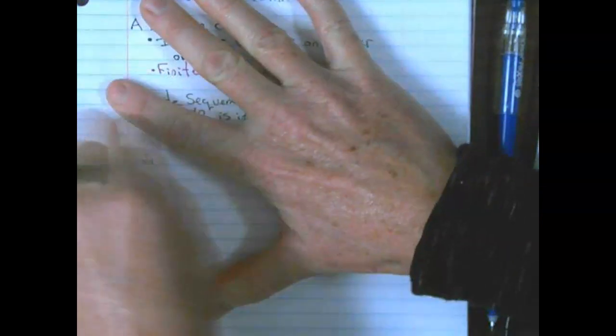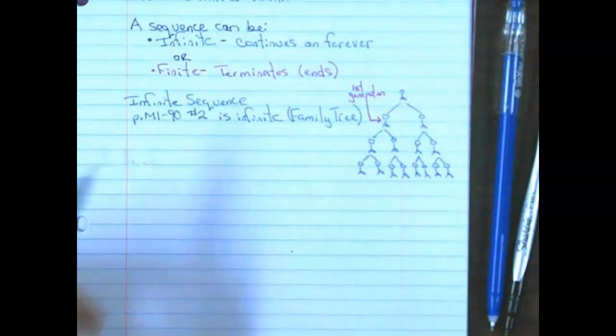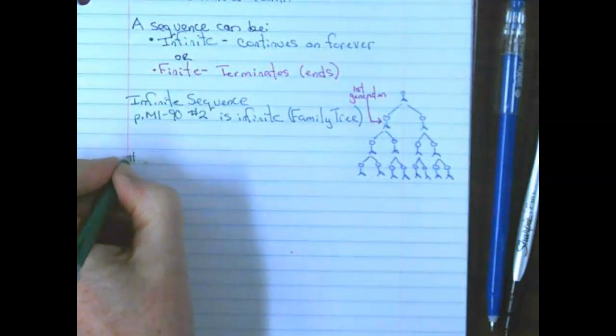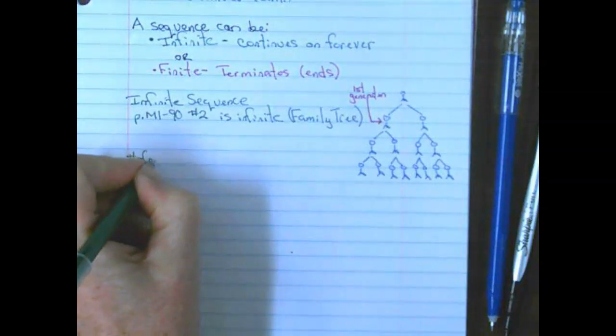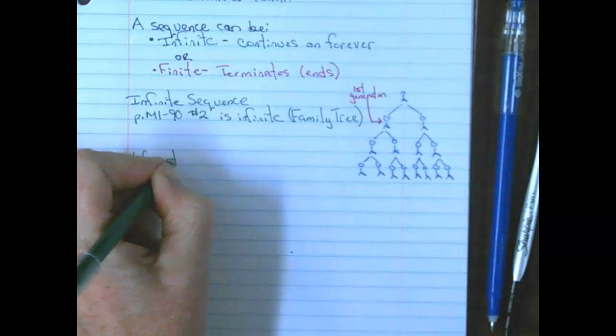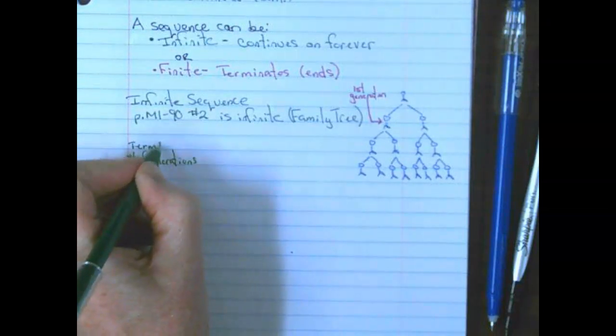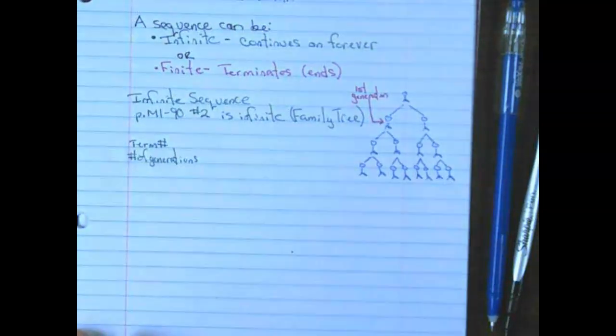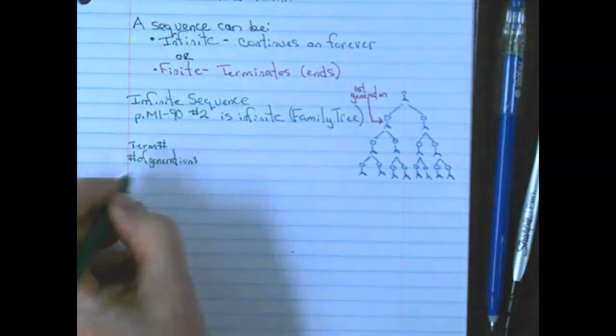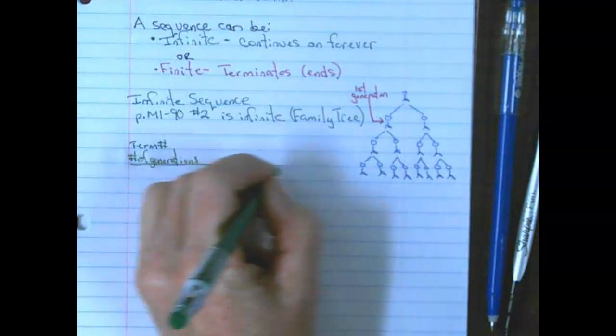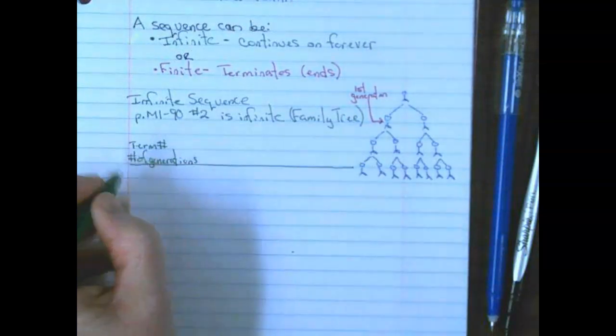I'm going to put a pound symbol instead of writing out the word number. So number of generations. That's our term number. And then the number of parents is our term value.